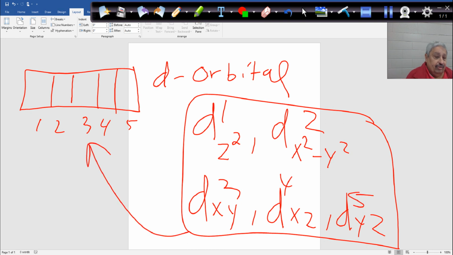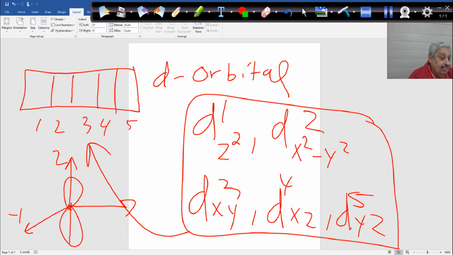Are you following me? Drawing them is not really difficult. The dz orbital is like this one here. This is z, this is y, this is x. It's a dumbbell with a donut inside, spinning in a spherical way.